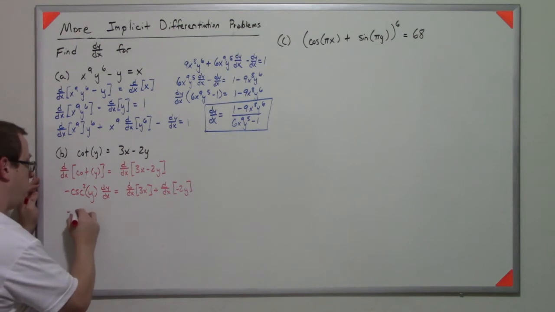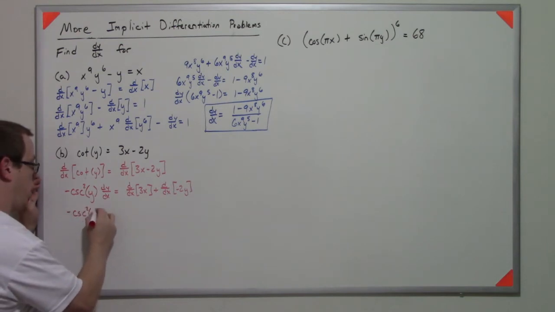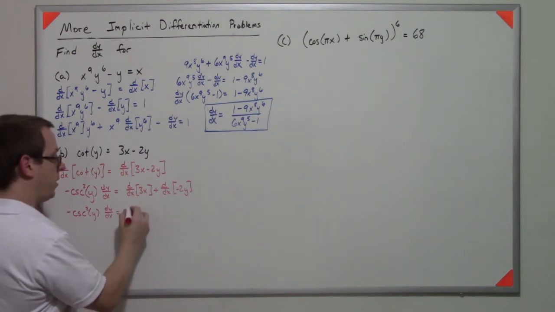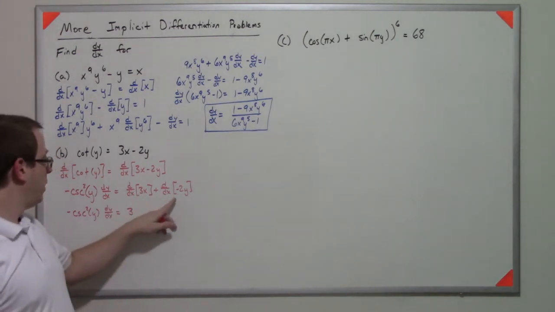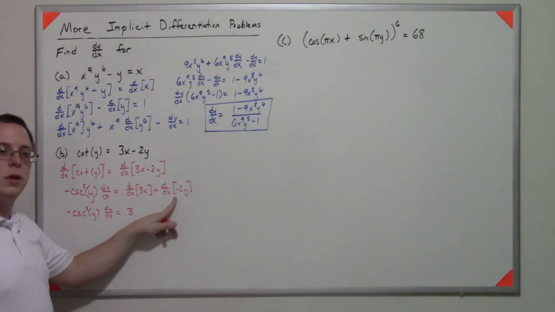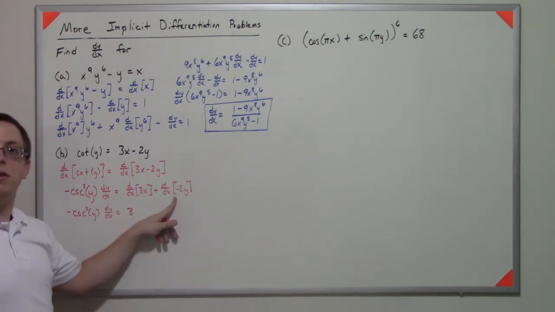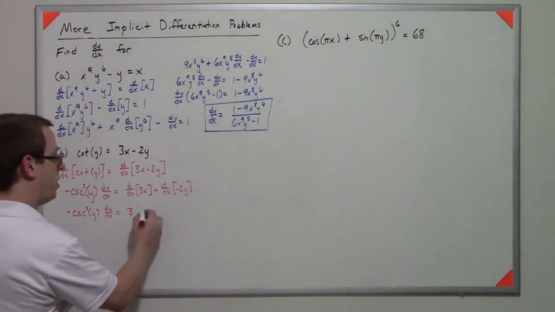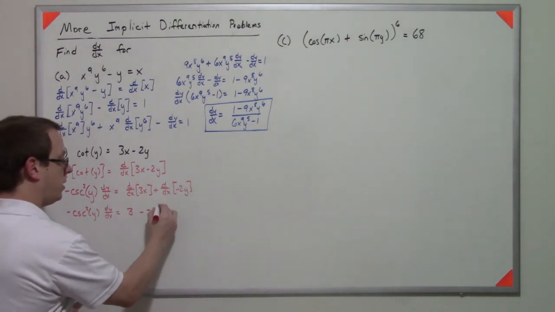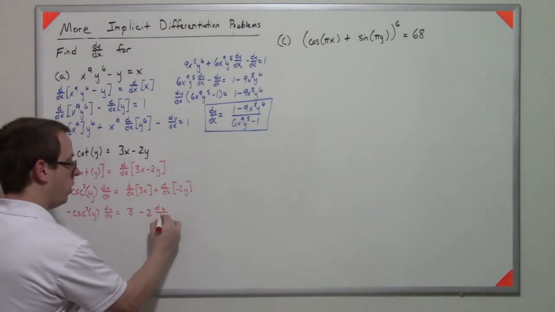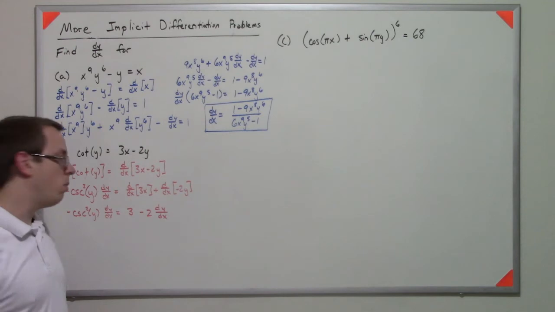Now the derivative of 3x is just 3, that's not a problem. Now the derivative of negative 2y, again if it was negative 2x, it would just be negative 2. But it's not, it's negative 2y, so we have that additional dy dx.